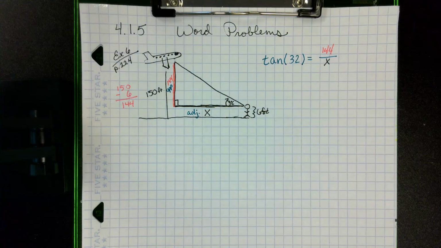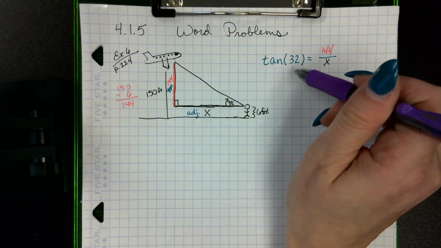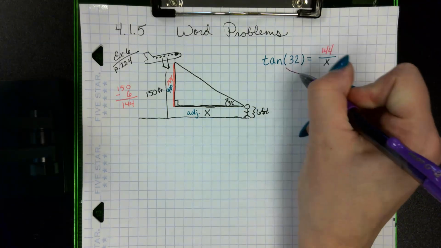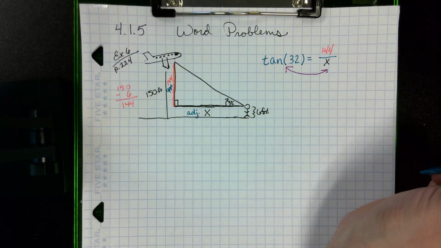All right, so then we can solve the trig equation. So I showed you the algebraic steps for getting x out of the denominator, and I showed you the shortcut summary that x and the trig function are going to trade places.